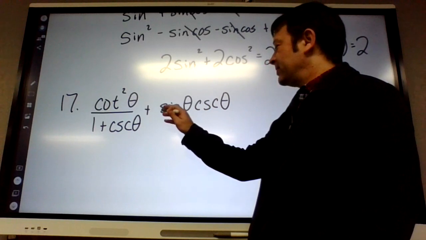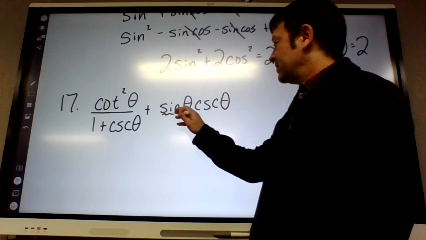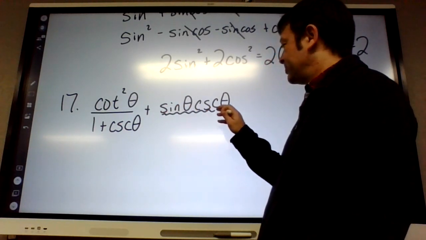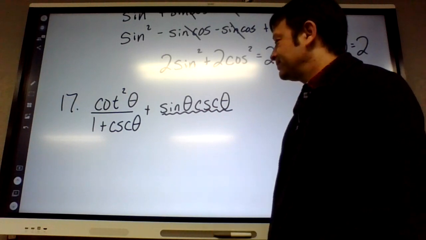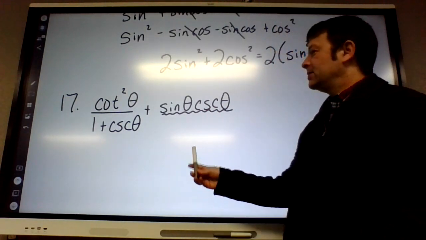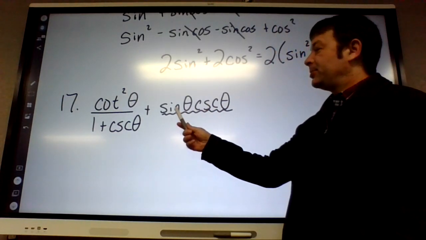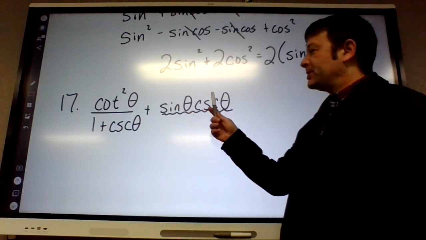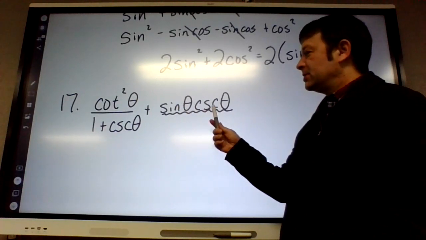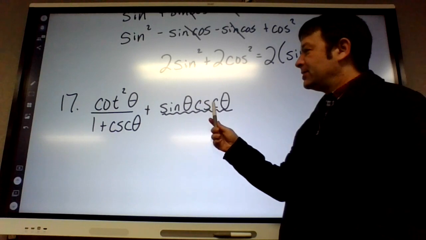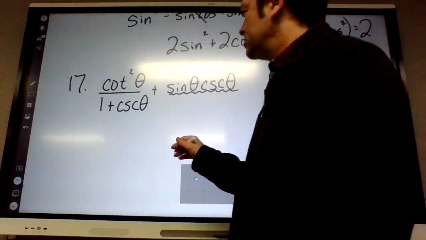Well, let's start over here. You guys notice something about this one? The reciprocals? Yeah. Cosecant is the reciprocal of sine. So what happens when you multiply sine times cosecant? It's 1. This is like sine times 1 over sine. This is 1.